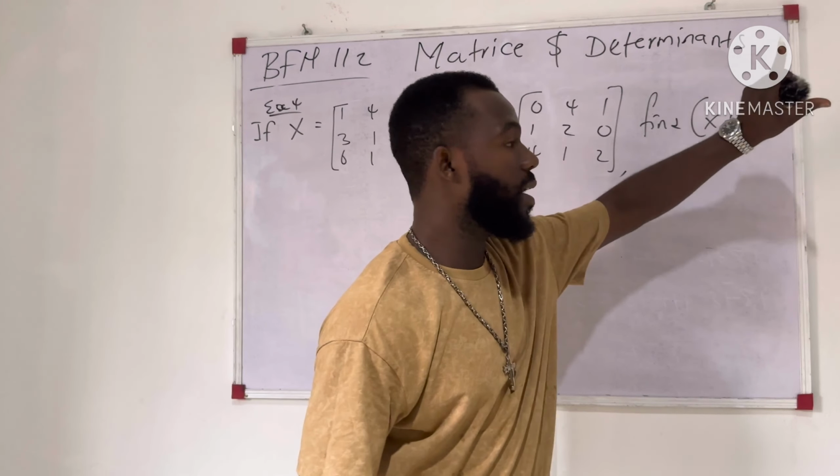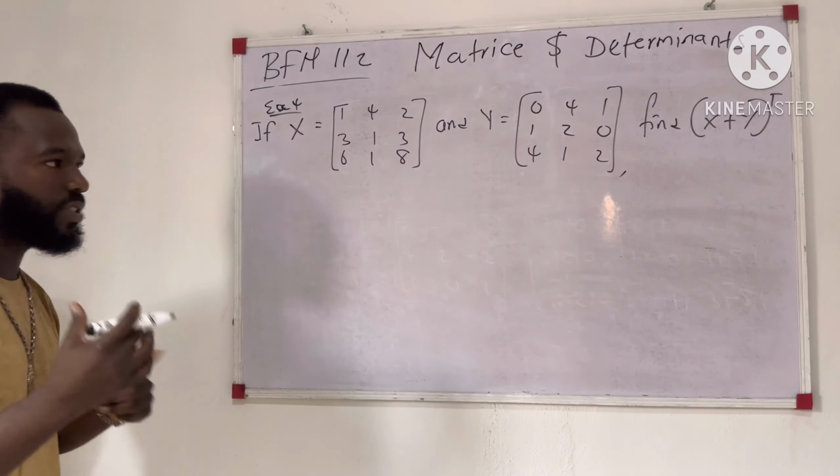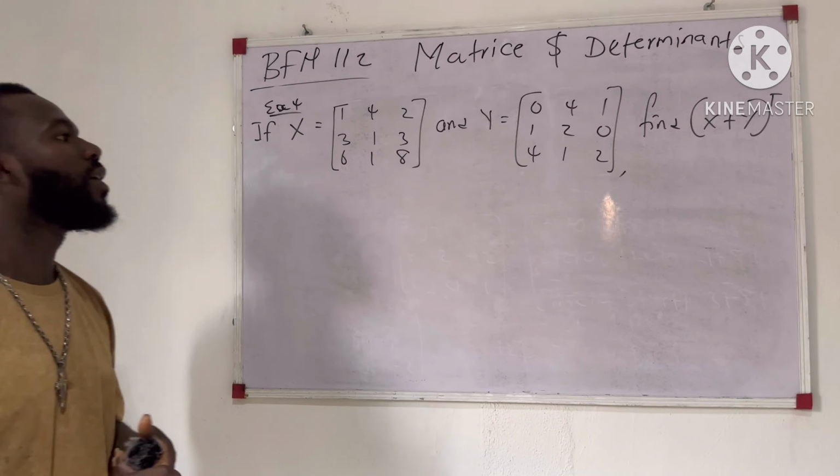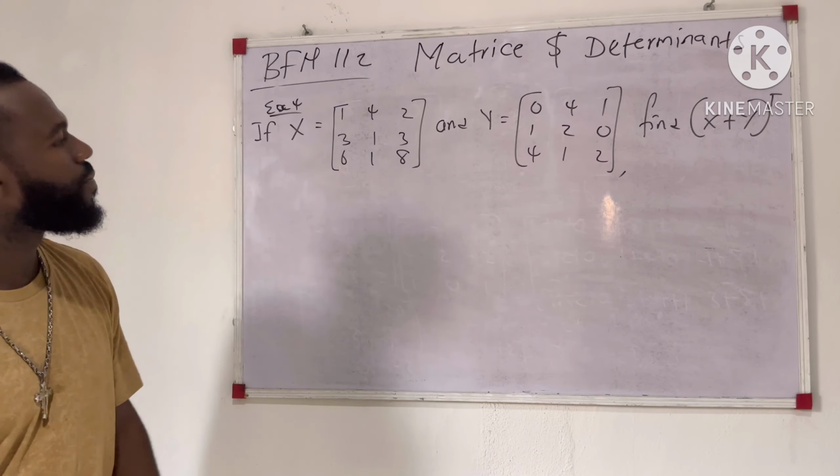Now, T there represents our transpose of a matrix. That's the sign for transpose of a matrix.